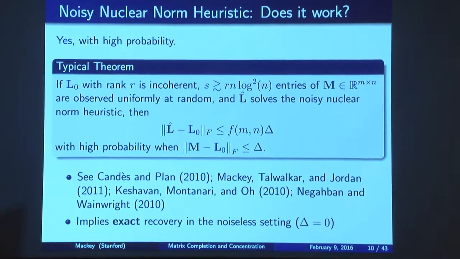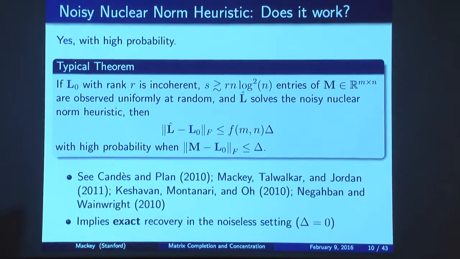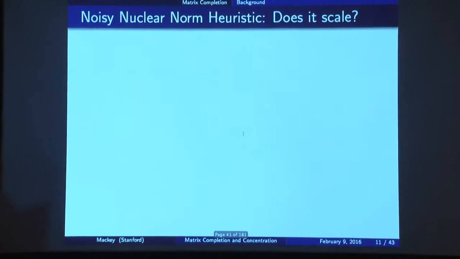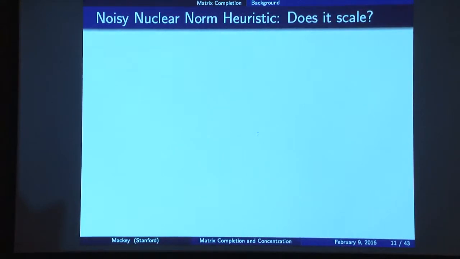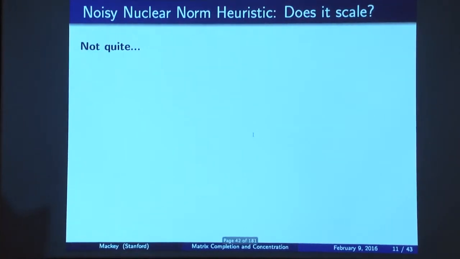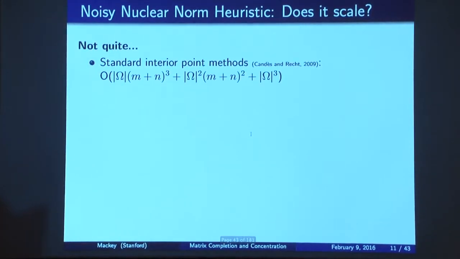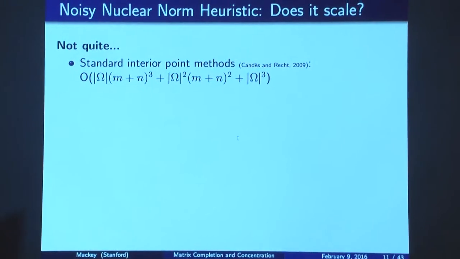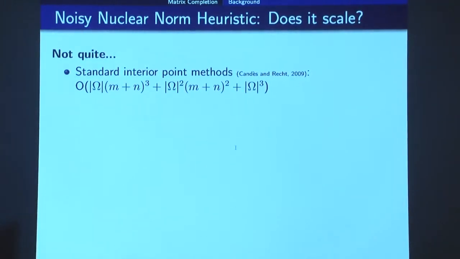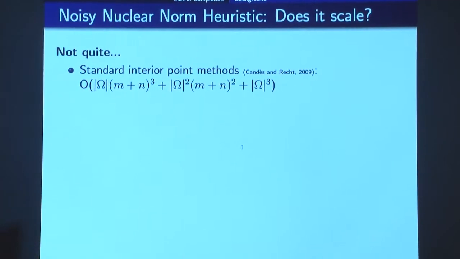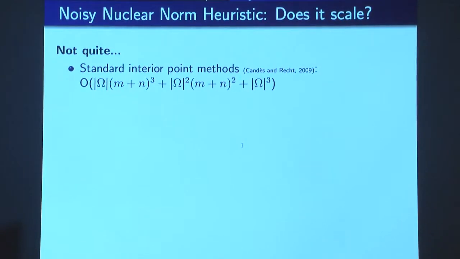OK, that's a typical theorem. Basically says this works with high probability. So now the question is, does this scale well to the problems that we care about? And I would say the answer is not quite. So in these original analyses, the Candes-and-Recht analysis that kicked off this line of study, they said this problem is a semi-definite program, or can be represented in that way. You could just use standard interior point methods to solve it.